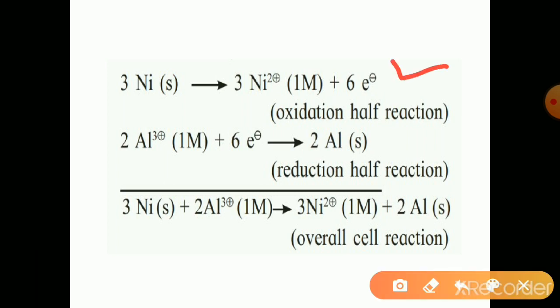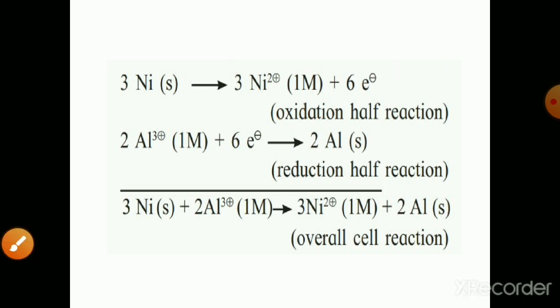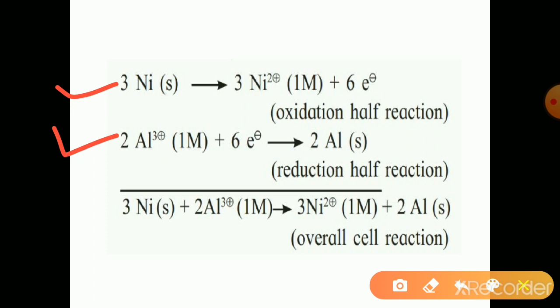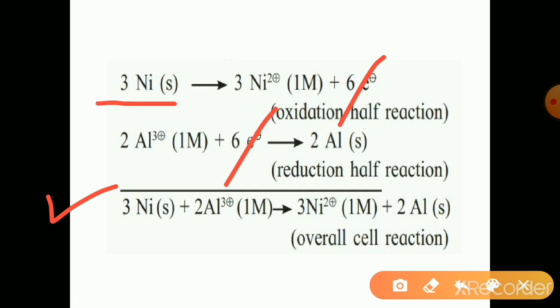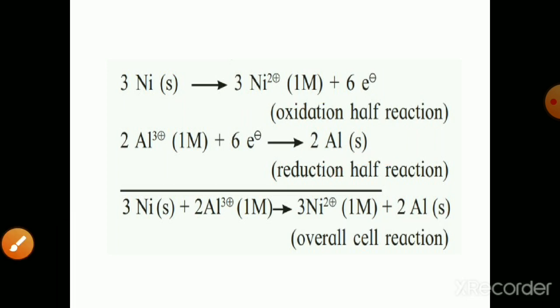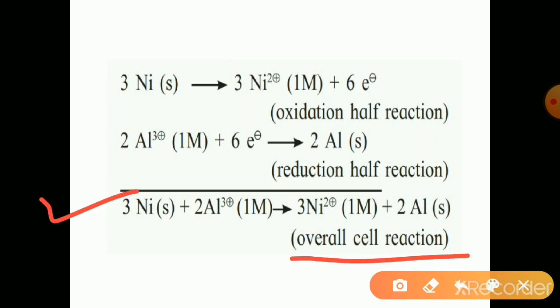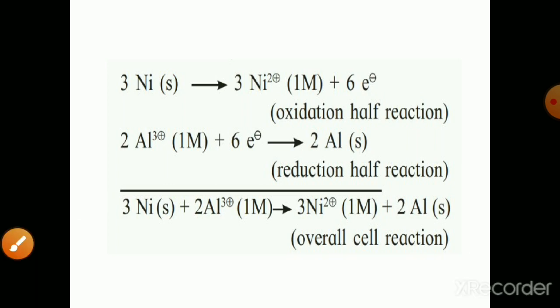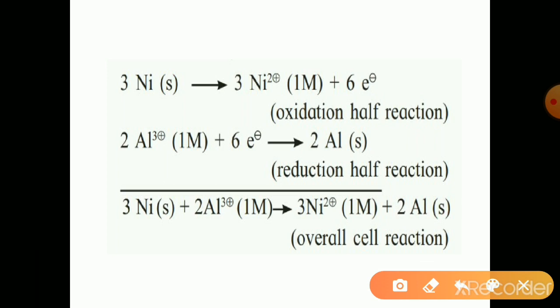First of all, you have to make this equal, and then only you can add. On adding, you get the overall reaction. Here the same species on opposite sides get cancelled, and whatever species are left on the left of the arrow are summed up and written, and whatever species are left on the right of the arrow are summed up and written. So this is the overall cell reaction. In this way you can write the cell reaction.